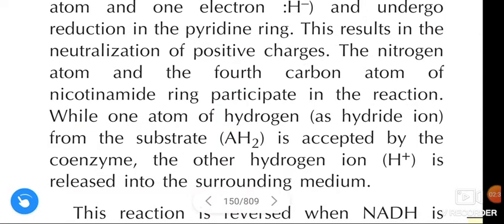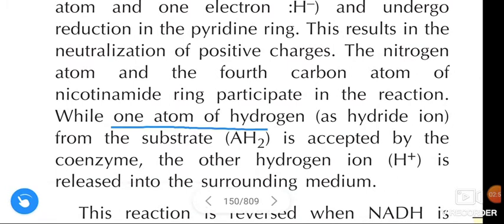hydrogen. See here, what is hydrogen? Hydrogen means H2. Hydrogen contains two hydrogen atoms. Here hydrogen means a molecule, while one atom of hydrogen is a hydride ion.